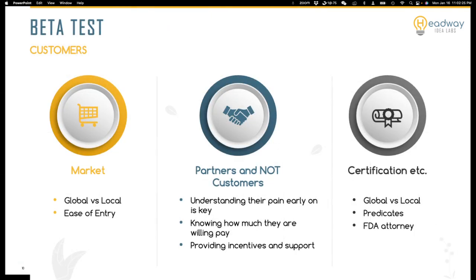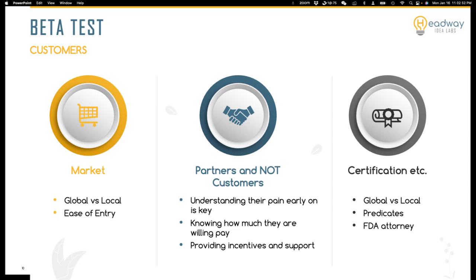So beta customers, market global versus local, ease of entry. When it comes to your beta customers, as I mentioned earlier, there are a few things that we like to look at, and I would suggest, number one, your market. In the feasibility study, you do early market research. But when it comes to the market, you always want to look globally versus locally.